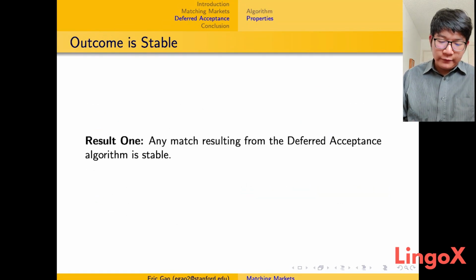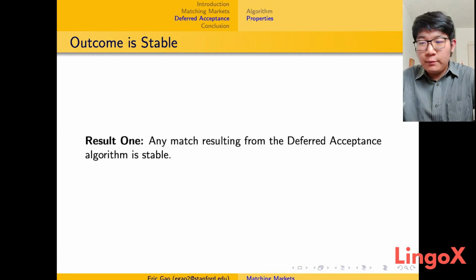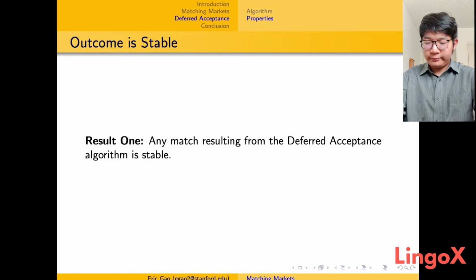Now that we have an understanding of what the algorithm is actually doing, let's go through some of the nice results that we have about the algorithm. Before, our motivating question was whether or not our match would be stable, and I promise that the match is stable, and I'll show why that is the case.